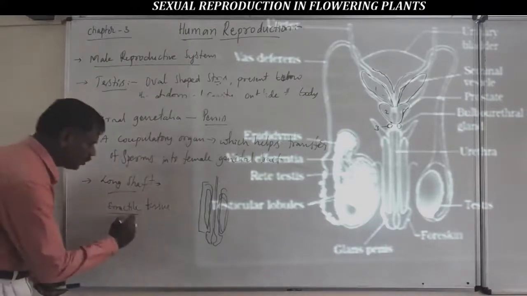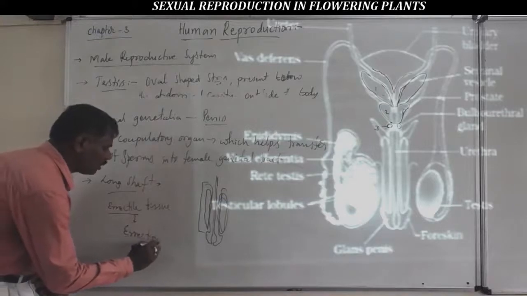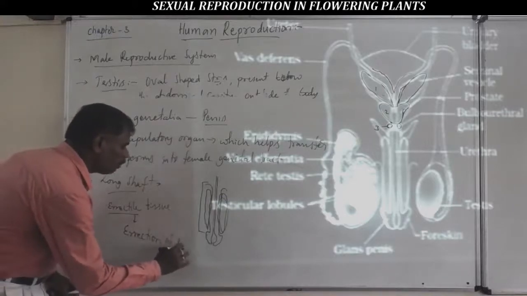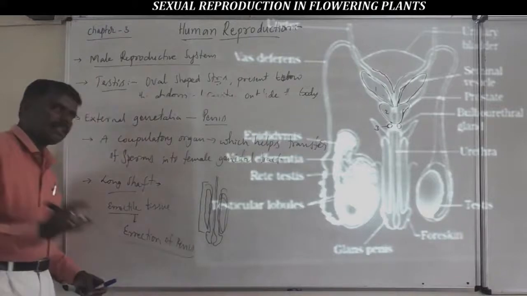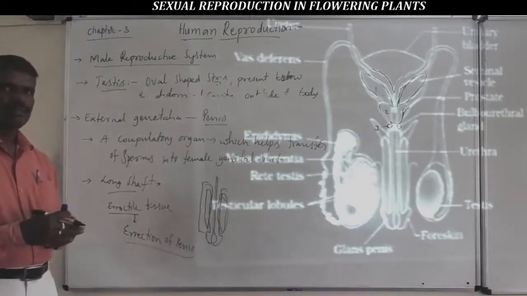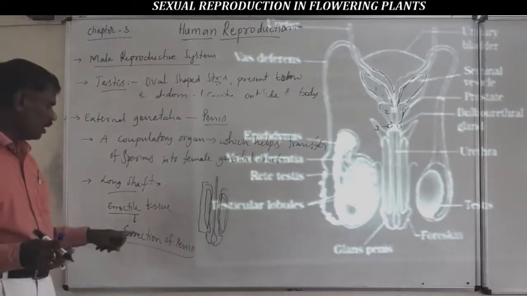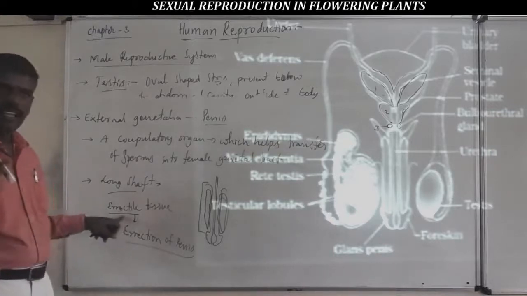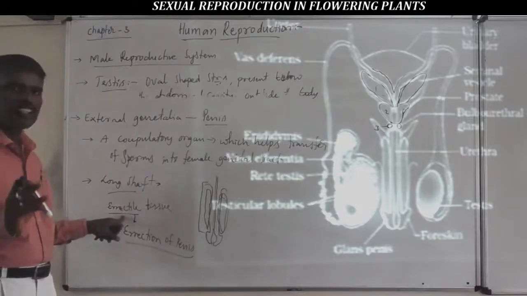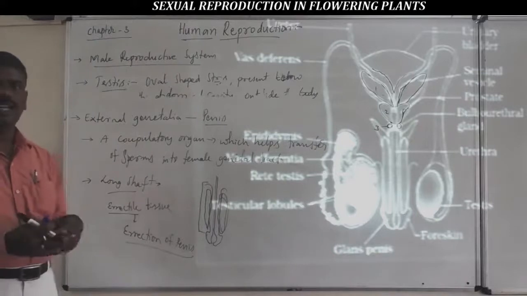The erectile tissue helps in erection of the penis. At the time of copulation only, it increases in size and becomes stiff, that is erection. That erection is gained by the specialized tissue present in the penis, that is erectile tissue.